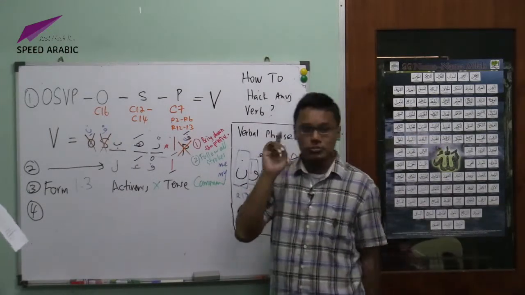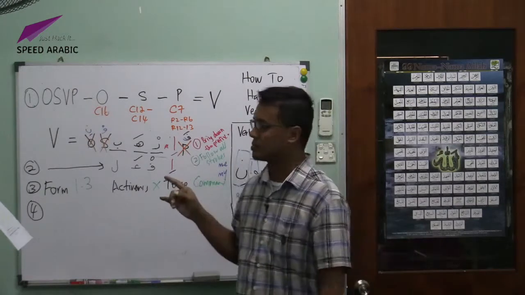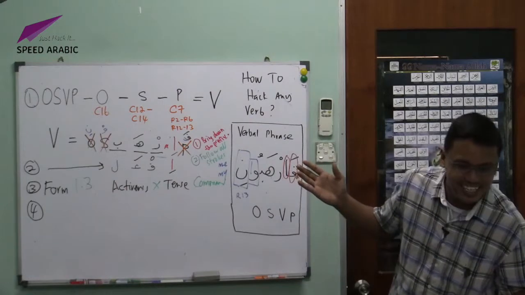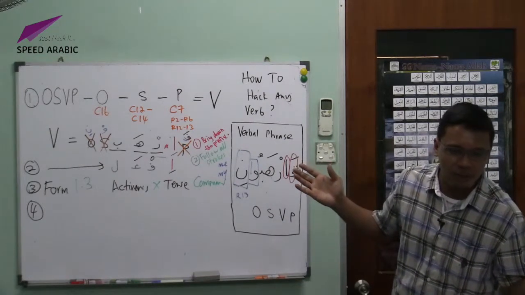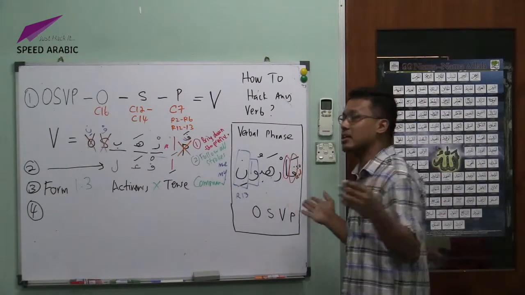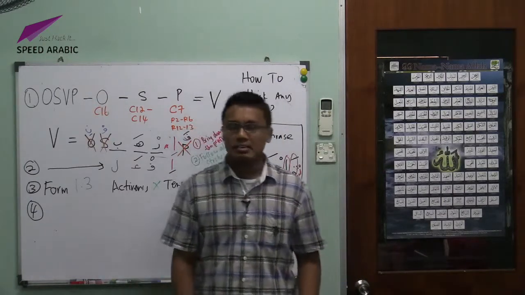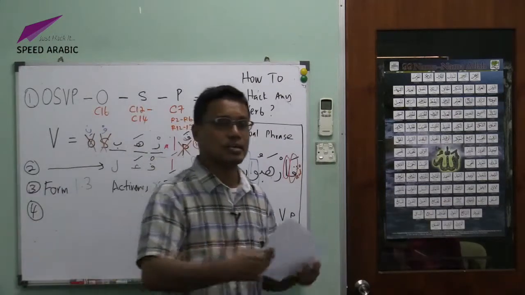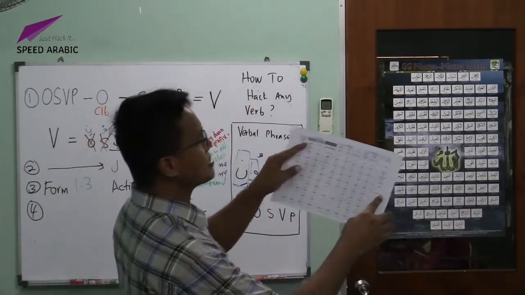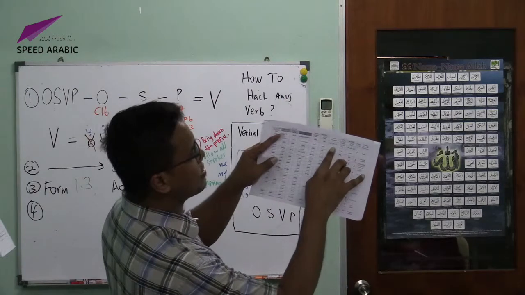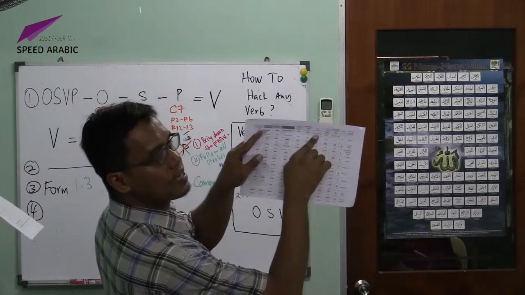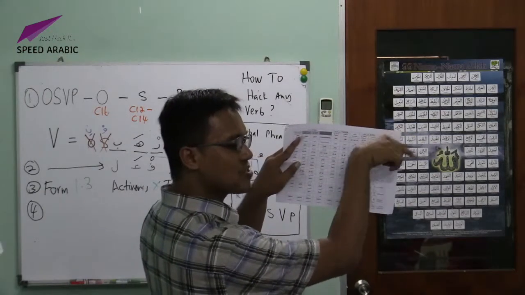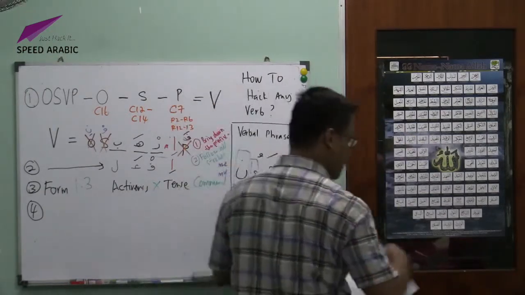Number 4. What do we need to do for number 4? I don't have my paper here. Convert the verb form to past active. What do you do here? Basically, it's as simple as you take your verb form hacker. Just now, the if'al was here, right? Form 4, right? So, to convert, go to column number 1. Go back 2 steps. Column number 1. What do you see there?